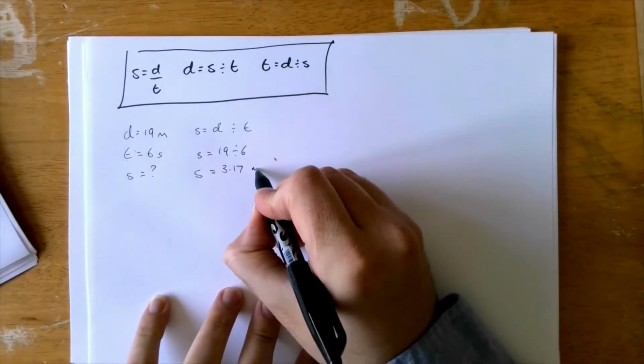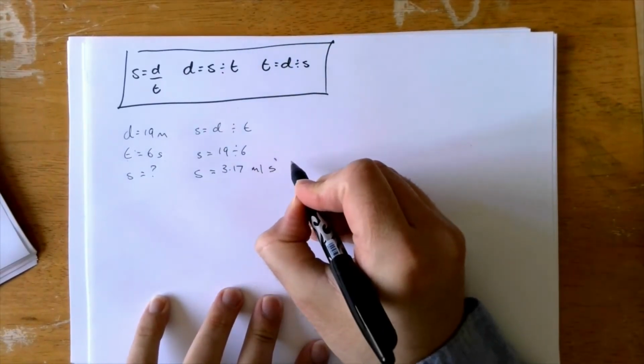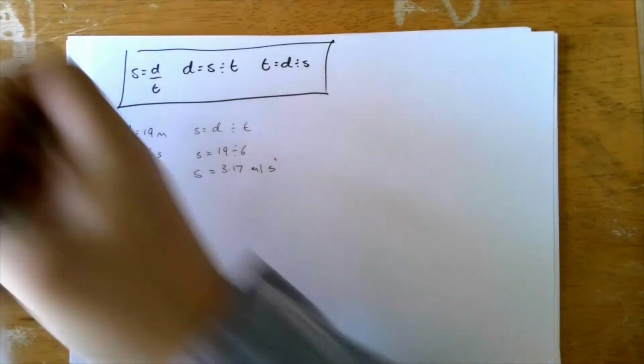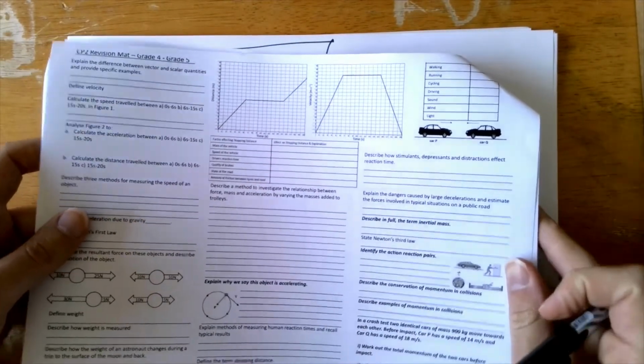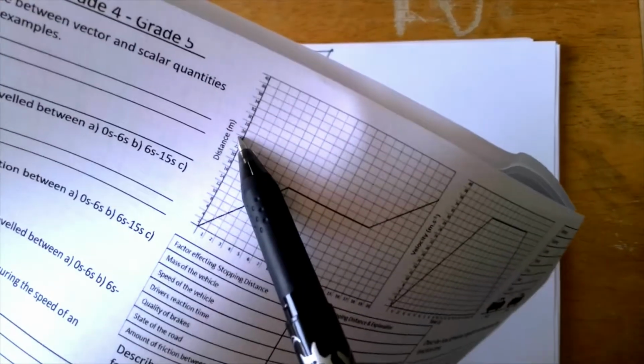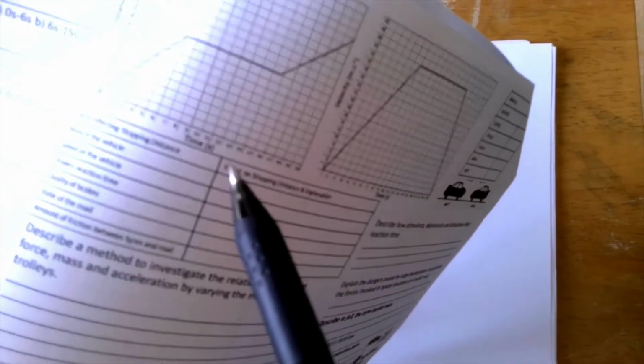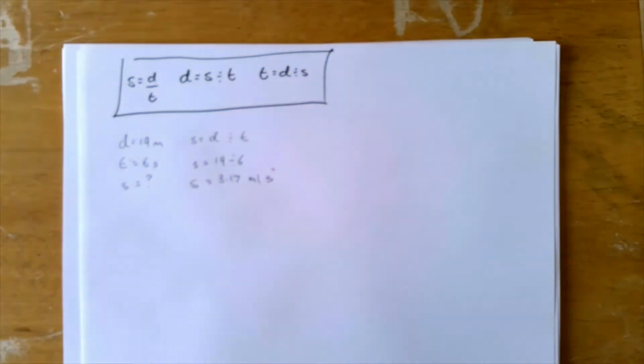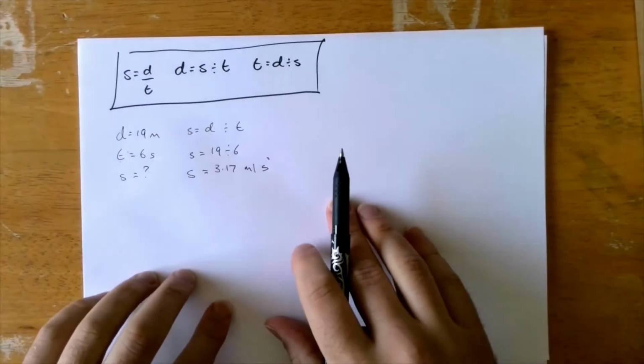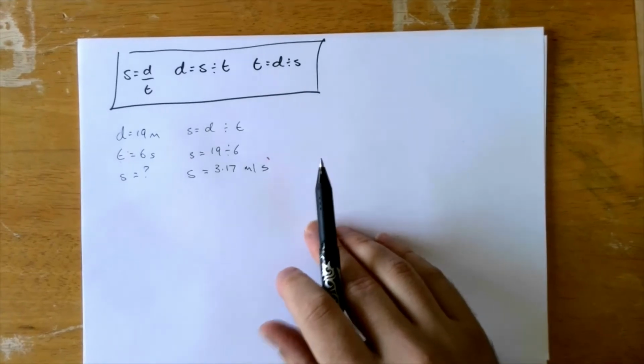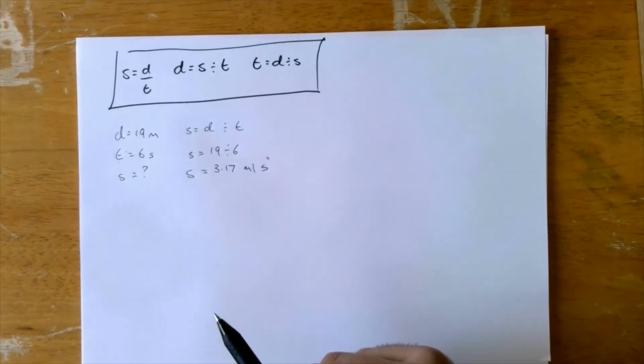The units I'm going to use are meters per second because the y-axis is labelled as meters and as seconds. You do the exact same thing for all the other questions and you'll be absolutely fine. The method doesn't change, only the numbers.